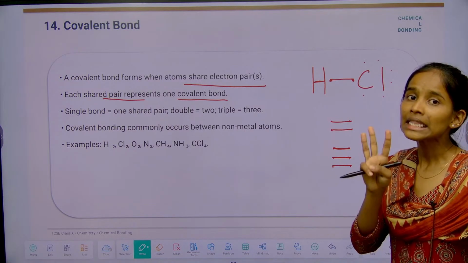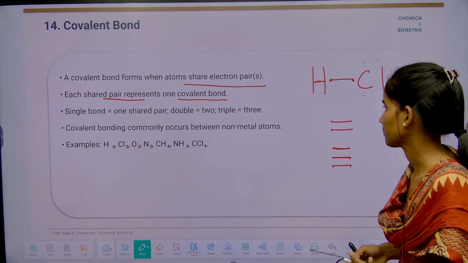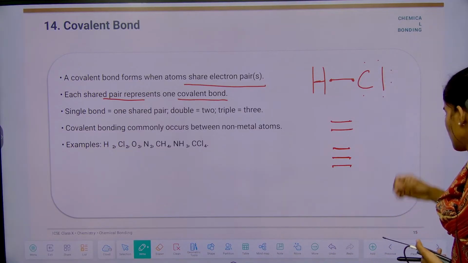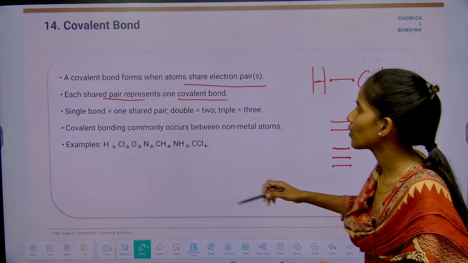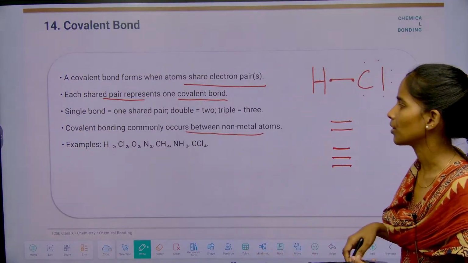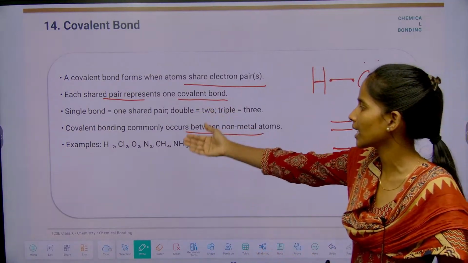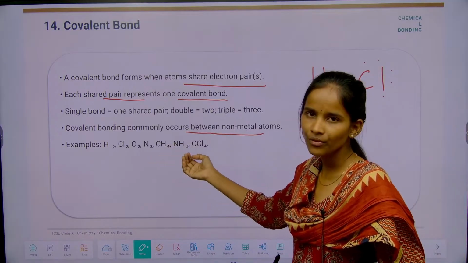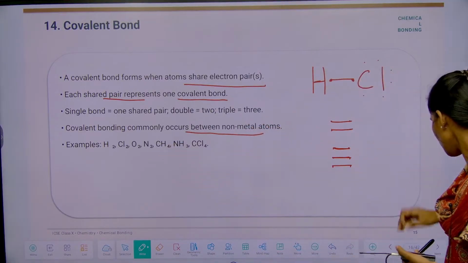Totally we will get 3 covalent bonds. Generally, covalent bonds occur between non-metals. Examples: H2, Cl2, O2, N2, CH4, NH4. These we will see in detail now.